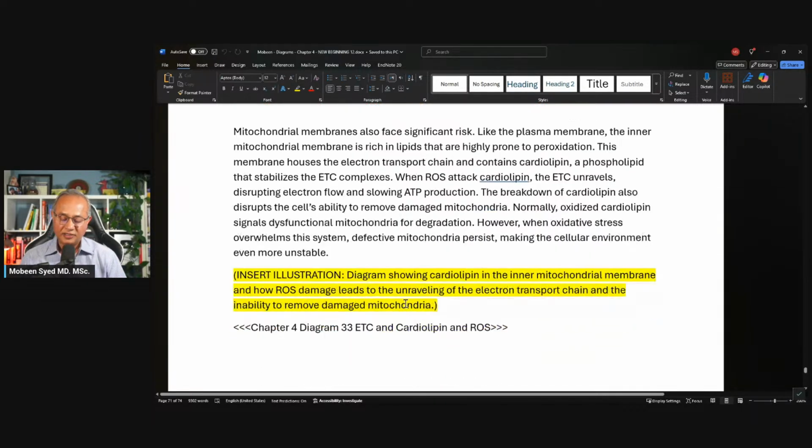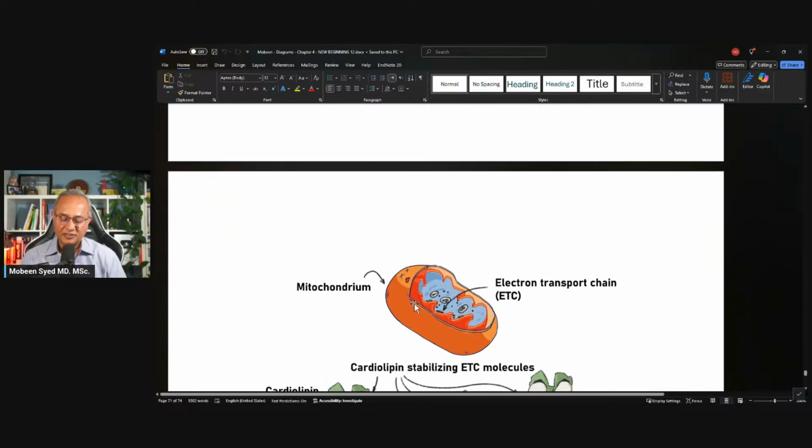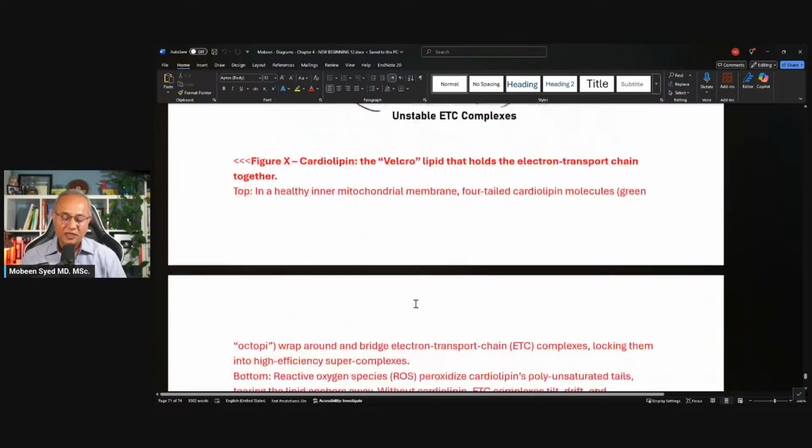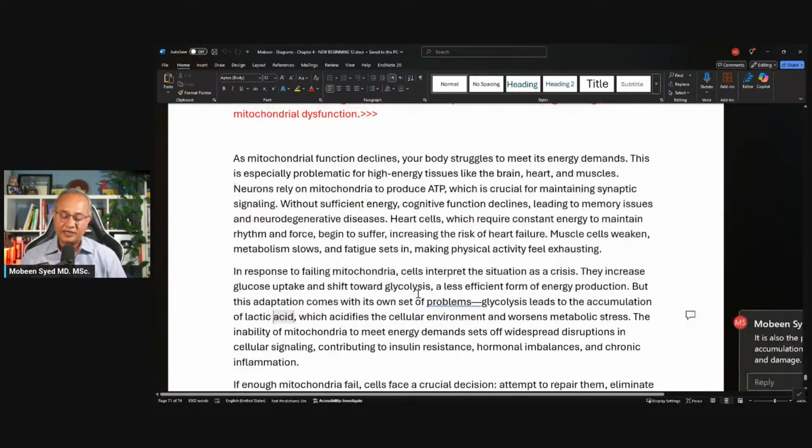And then here is the diagram that I just discussed with you. As mitochondrial function declines, your body struggles to meet its energy demands. This is especially problematic for high energy tissues like the brain, heart, and muscles. Neurons rely on mitochondria to produce ATP, which is crucial for maintaining synaptic signaling.